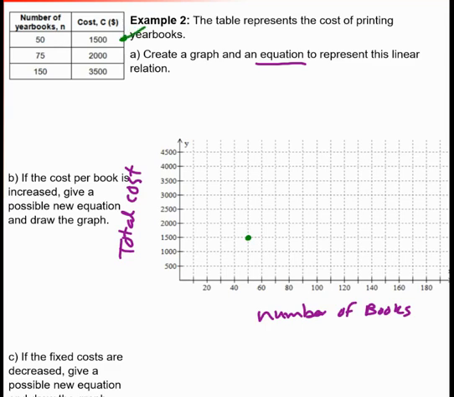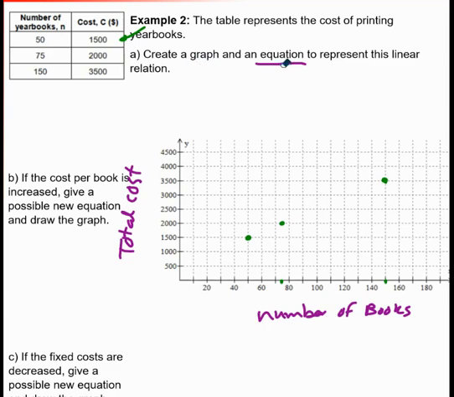Did that one. 75 yearbooks. 75 is a little tricky because this is 70 and 80, so we're right along here at 75 is 2,000. Okay, now 150. So if this is 160, 140, we're here at 150. And that's going to cost us 3,500. Good.